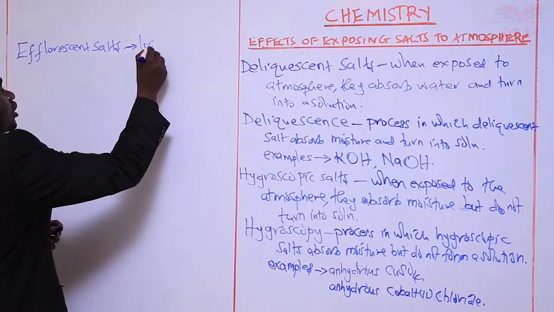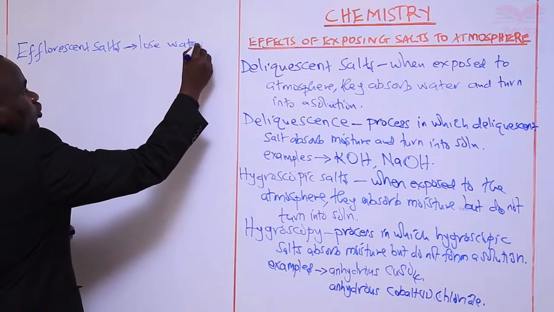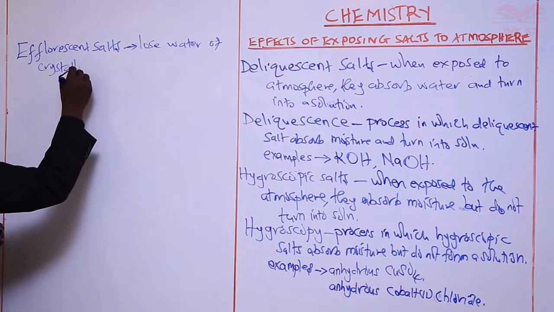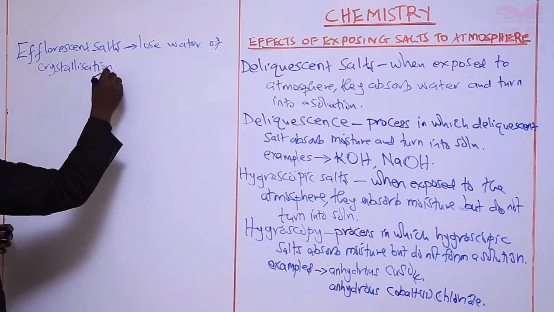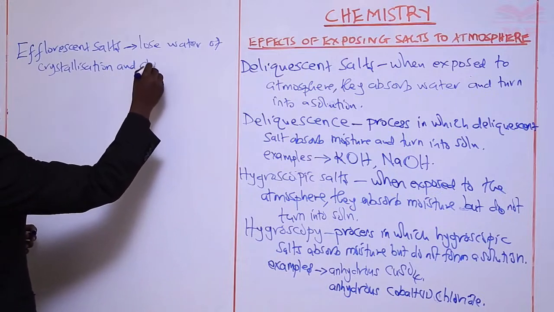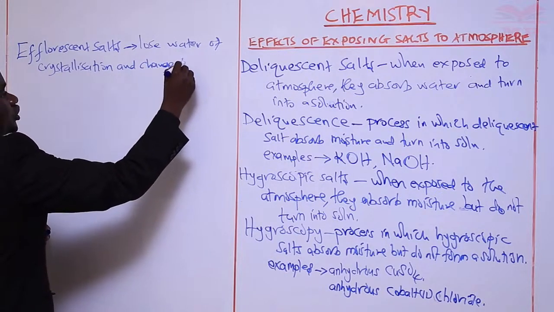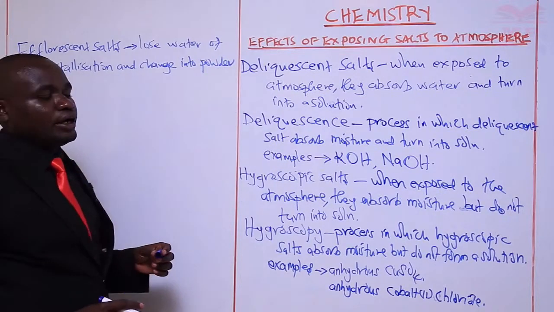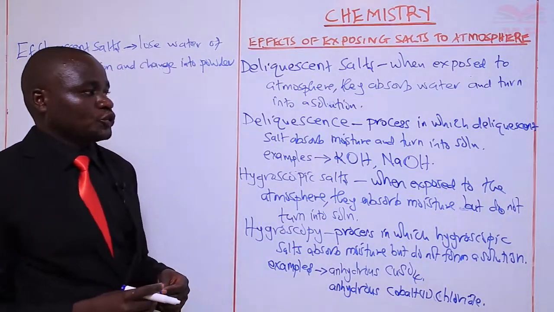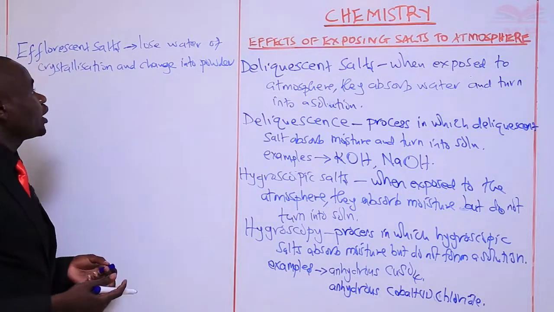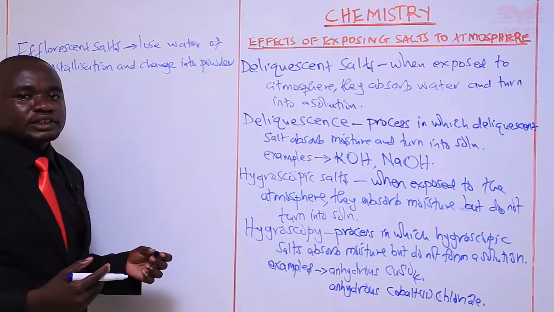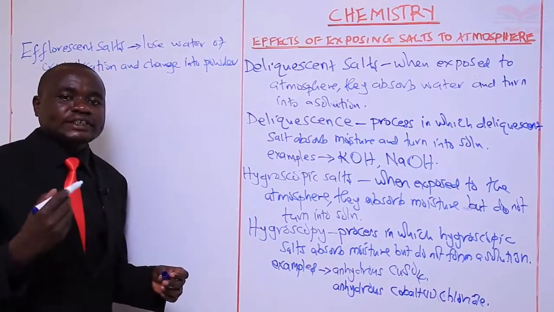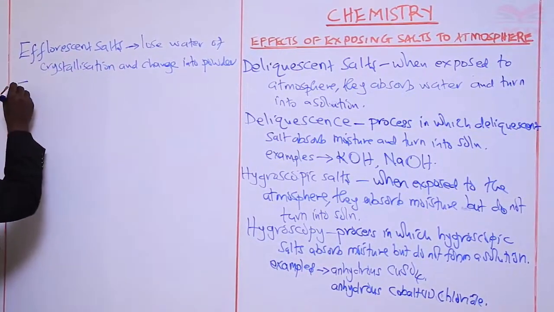So when exposed to the air, they lose water of crystallization and turn into powder. The process that those salts undergo, we call it efflorescence.